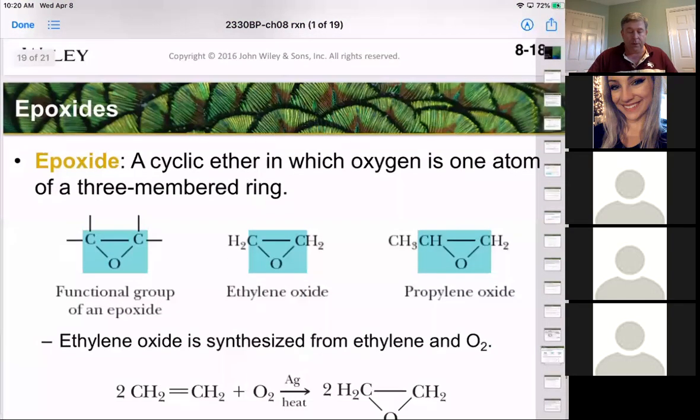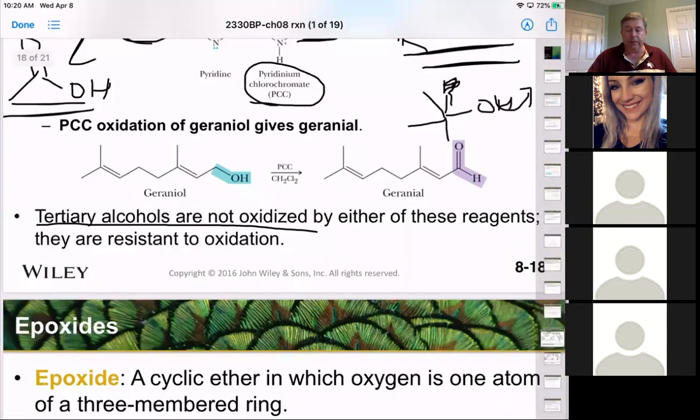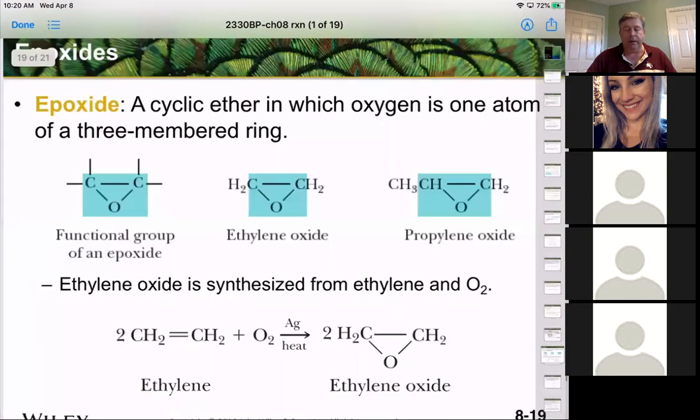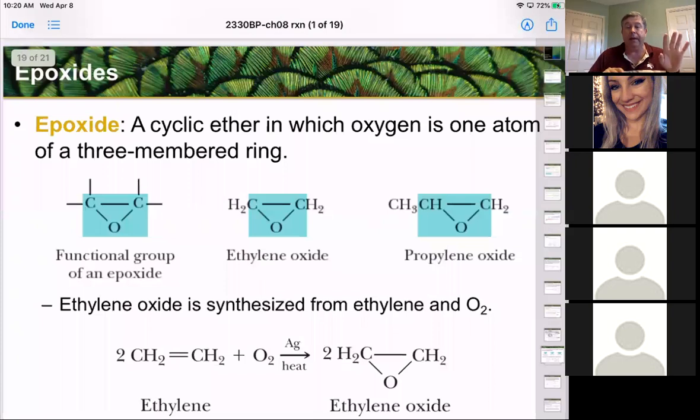Okay, so one of the other things, in fact, well, we're down here already. We only have one reaction really that ethers do, and it's only the three-membered ring. The four-membered ring, five-membered ring, six-membered ring ethers are very, very stable to most things unless you have it really hot and a lot of acid.